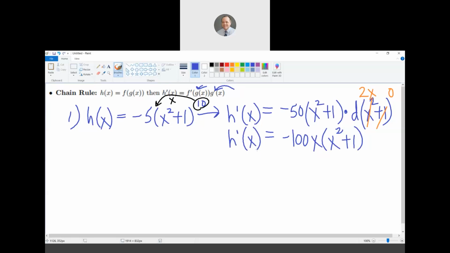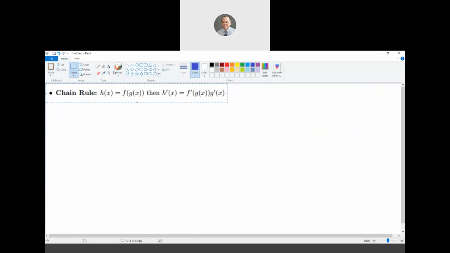Let's look at a problem that has a fraction raised to an exponent. Given h of x is equal to, in parentheses, 3 over 7x minus 2, all raised to the 8th power.